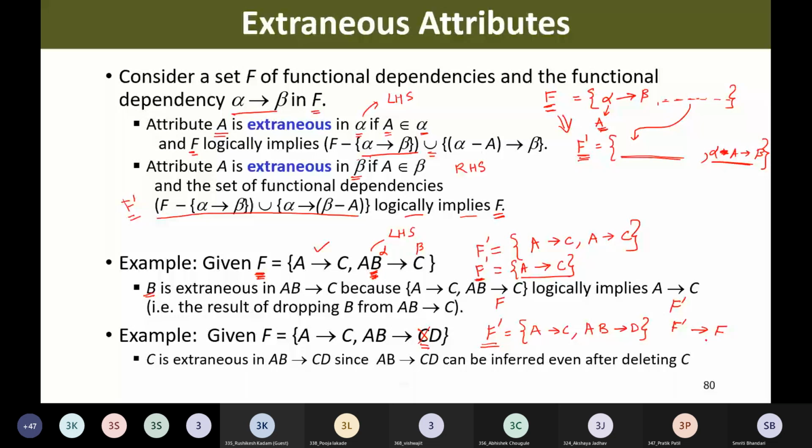Meaning, I need to check now whether this F dash determines AB to CD. Getting me? Whether this F dash determines the functional dependency AB to CD. The original. So please tell me now whether AB to CD can be inferred by this F dash.